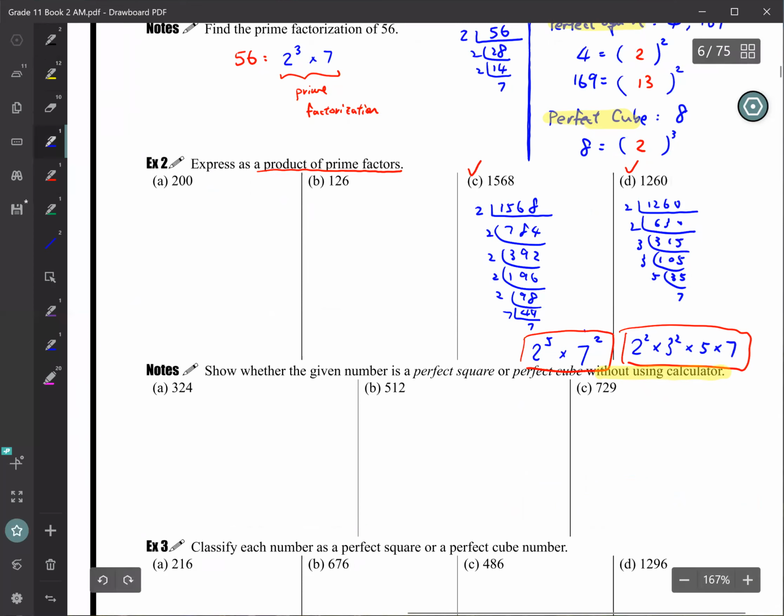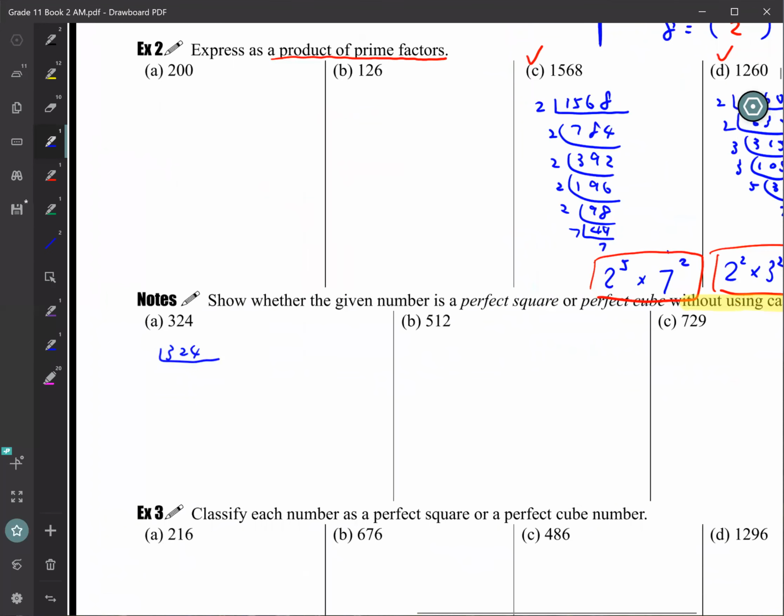So let's say if I want to do it without it. So first I need to break it down, 324, right? So Eric, how do you divide this one into primes? What number do you divide? 2. So becomes 162. Very good, go on.